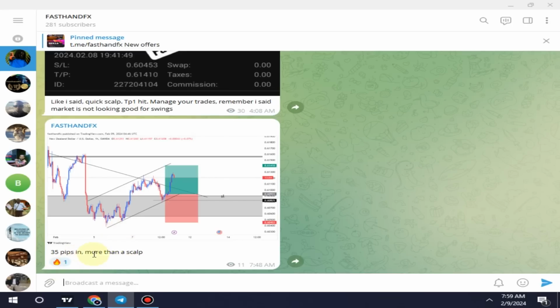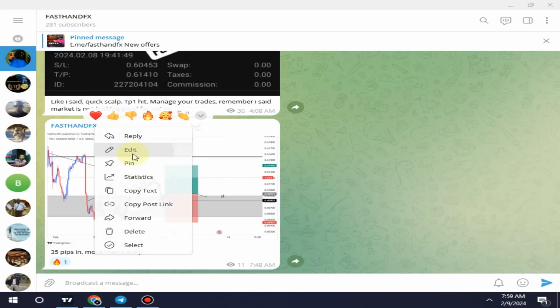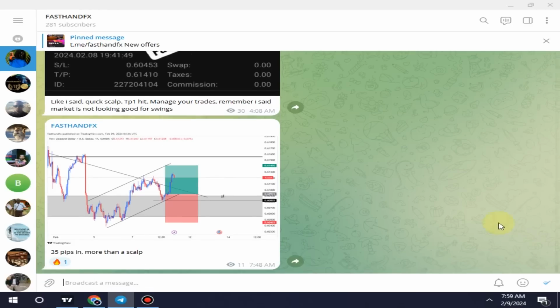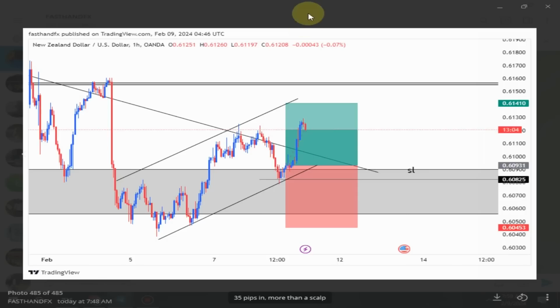Oh, it should not be in, it's just like I should have written is. You know, it's more than a scalp. Oh yeah, it makes sense. 35 pips in, more than a scalp. Yeah, I never saw that comma. 35 pips in. Yeah, that's more than a scalp. So that's amazing.